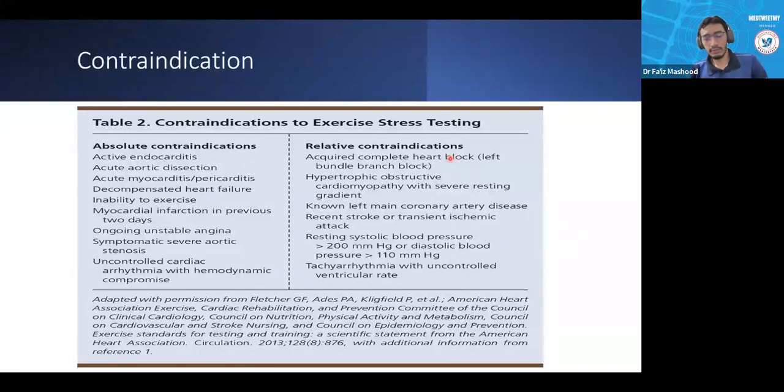For HOCM also, it's not advisable because they can have syncope during EST. And for those with resting blood pressure, even before starting the test, systolic more than 200 and diastolic more than 110, we advise not to proceed because we expect the blood pressure to increase during EST, and we don't want to put our patient through such a dangerous event.